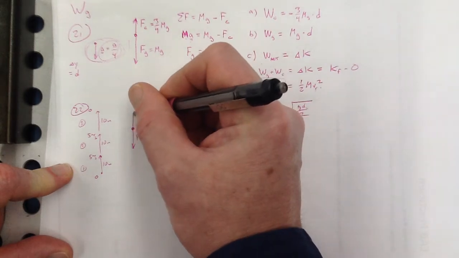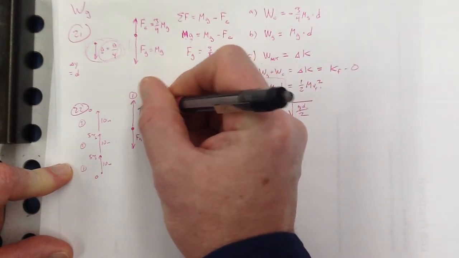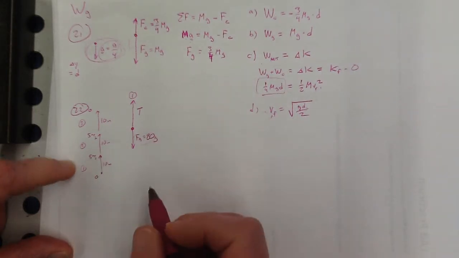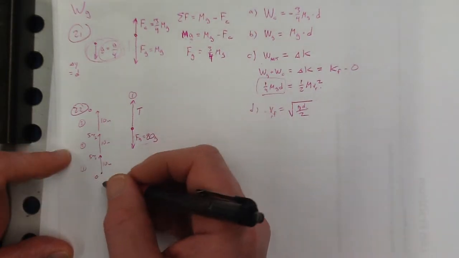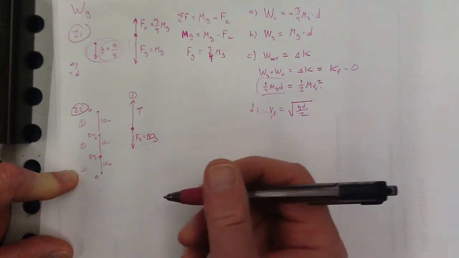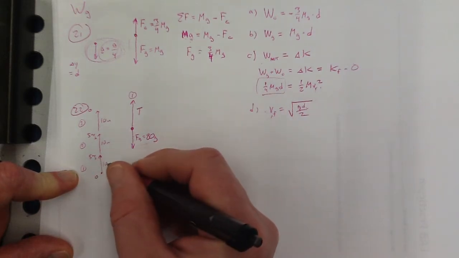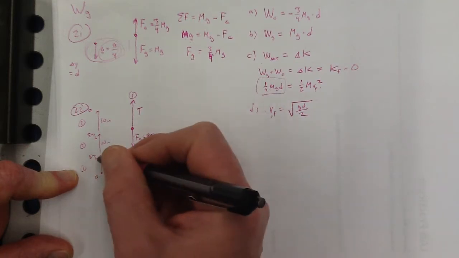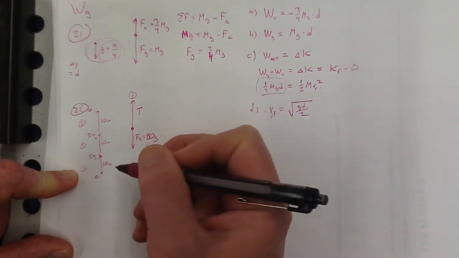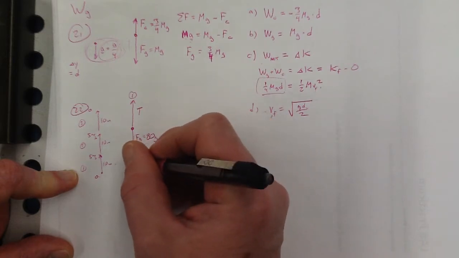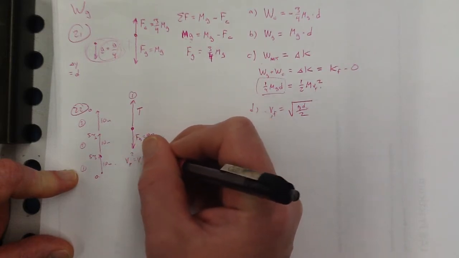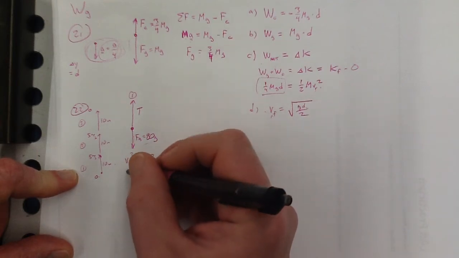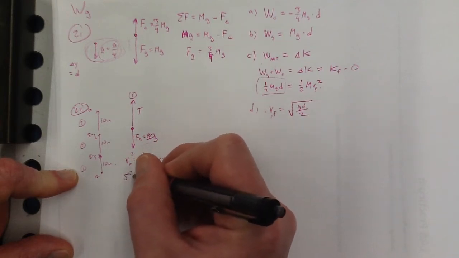There must be a tension force here, which has got to be greater than this because we're accelerating here. How much acceleration is there? Well, I think that's just a real quick kinematics problem, right? I've got a VI, a VF, and a delta Y, and I need to know A. So VF squared equals VI squared plus 2A delta Y. So the VF is 5.